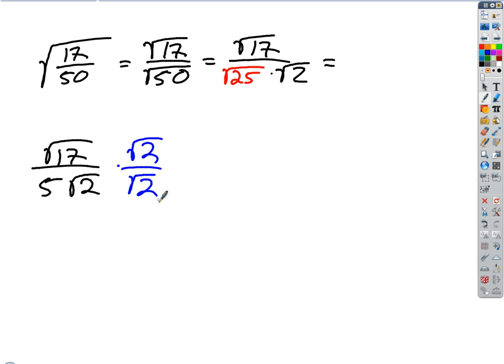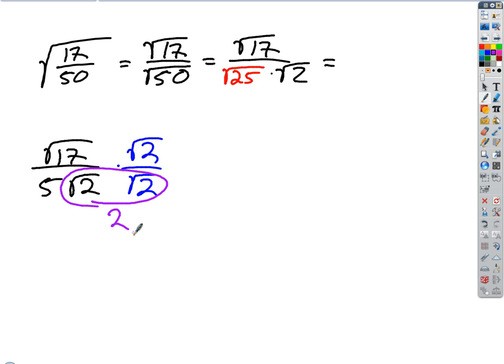I can multiply those three things in any order. Why not multiply the square roots together first? What is the square root of 2 times the square root of 2, which is just the square root of 2 squared, right? It's the square root of 4, right, which is 2. Okay, they just completely go out.